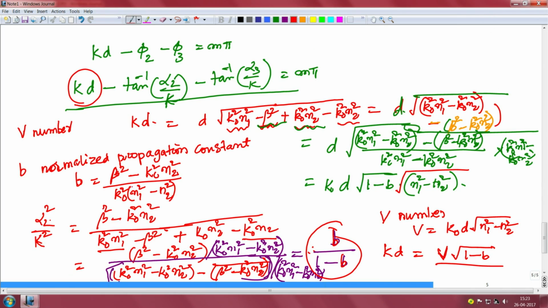You observe that the exercise that we are doing is to eliminate as many constants as possible to appear in this equation for the propagation constant beta. For alpha 2 by k, you have only one parameter b. Similarly, look at alpha 3 by k.